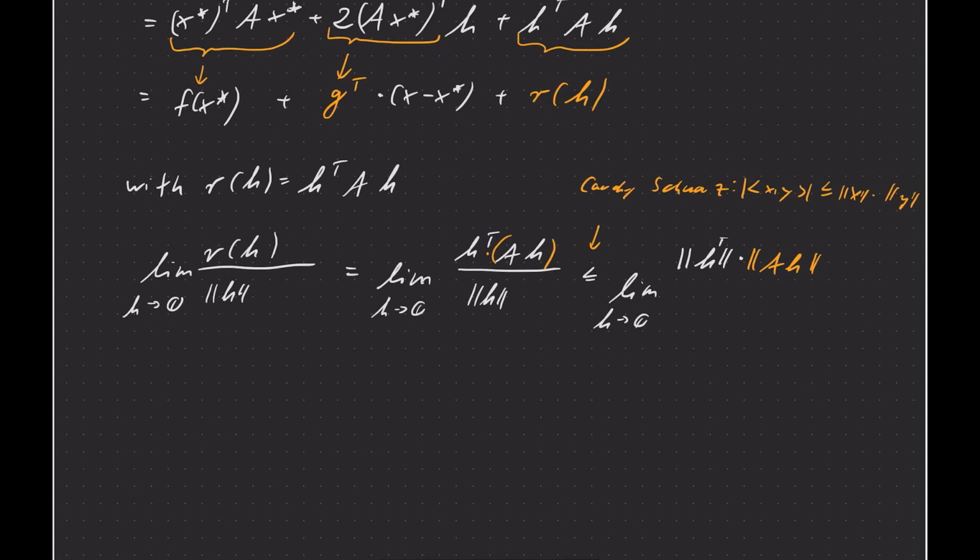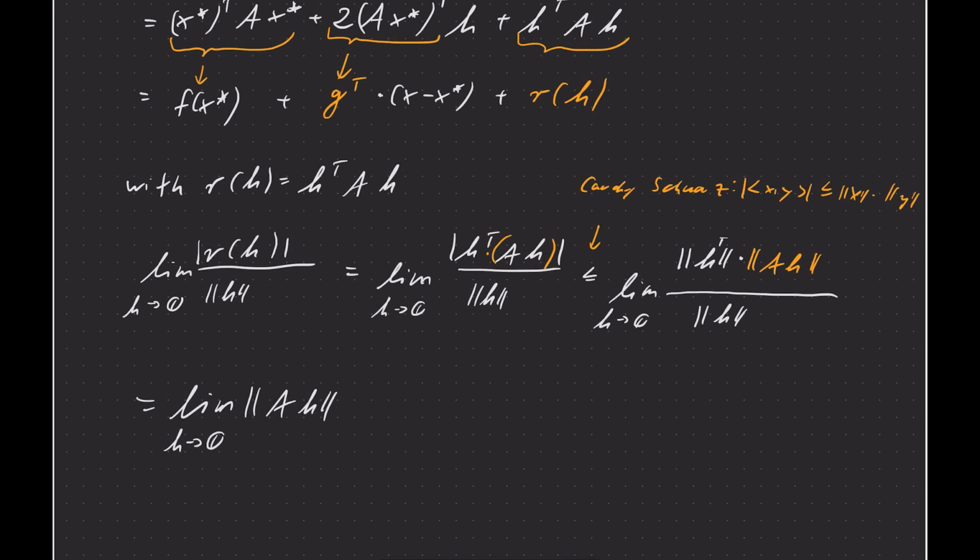Okay, so we could even make absolute values around this here and this here. And this won't matter because the limit will be 0 anyway. Okay, so this we get by applying the Cauchy-Schwarz inequality, and then the norm of h cancels out. And that means what we get is the limit as h goes to 0 of the norm of A h.